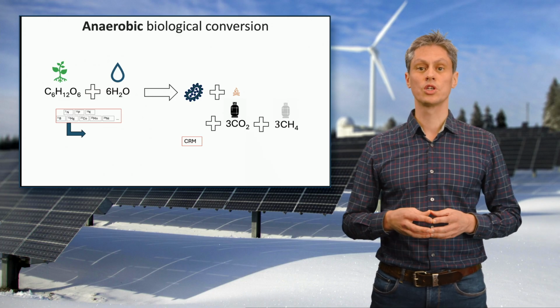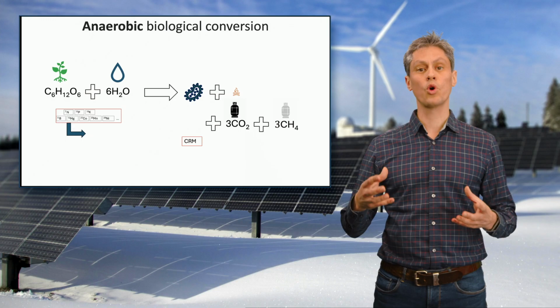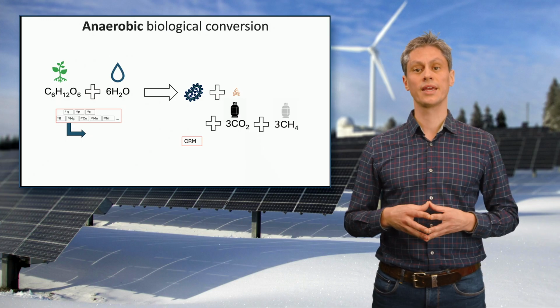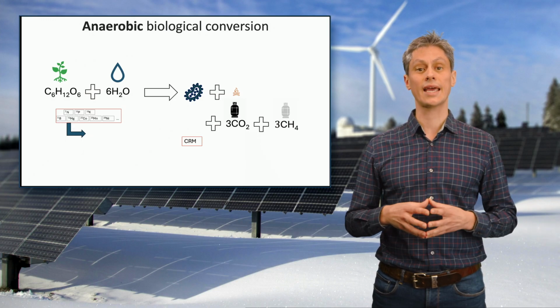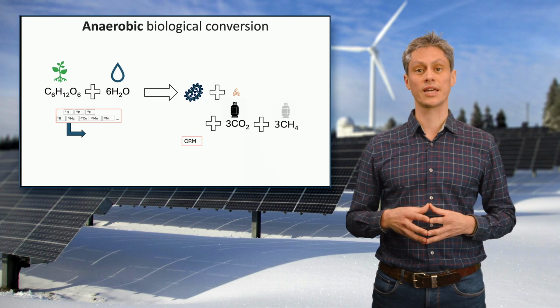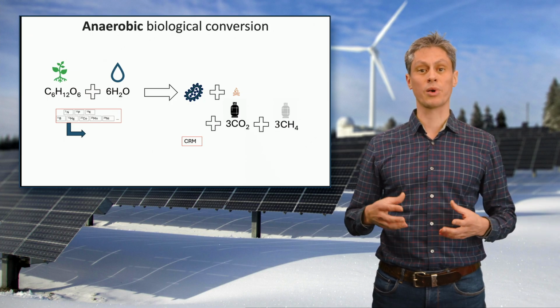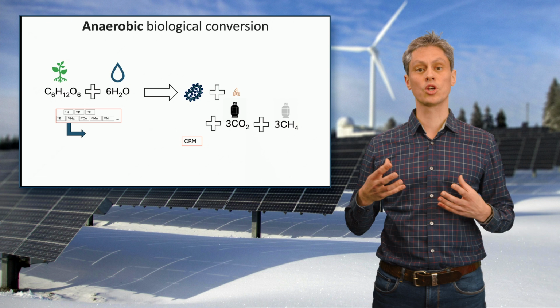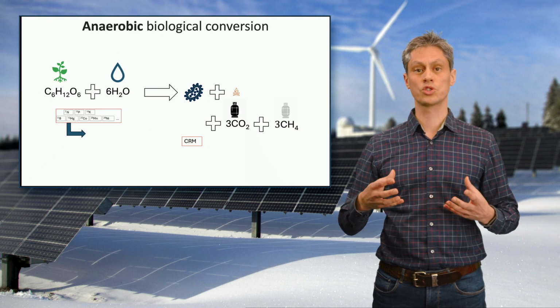Regarding end products, stoichiometrically, 1 mole of glucose will be transformed into 3 moles of methane and 3 moles of carbon dioxide. Although water takes part in the reactions, it is not always shown, as it is also the solvent.